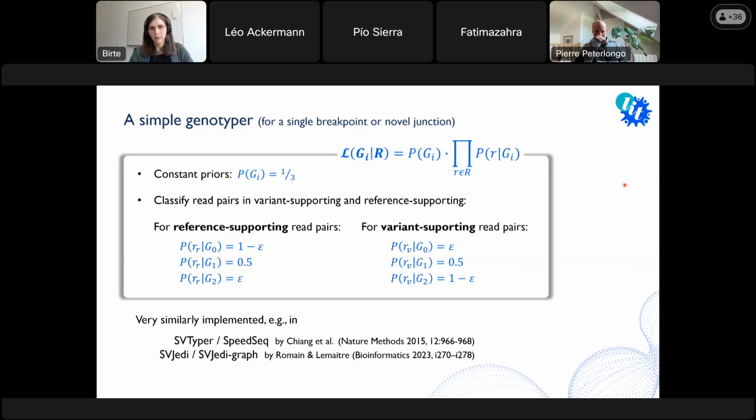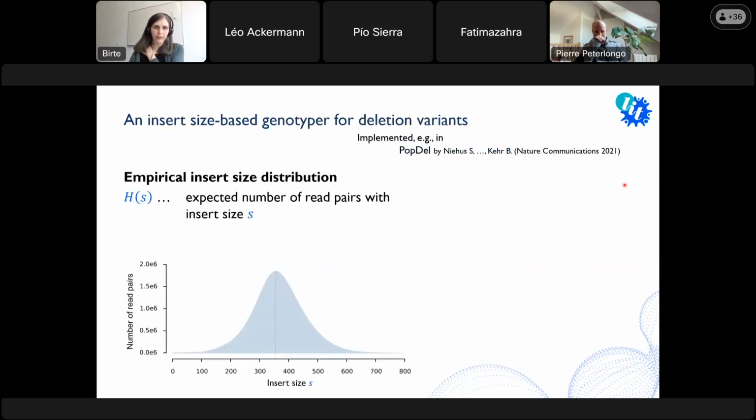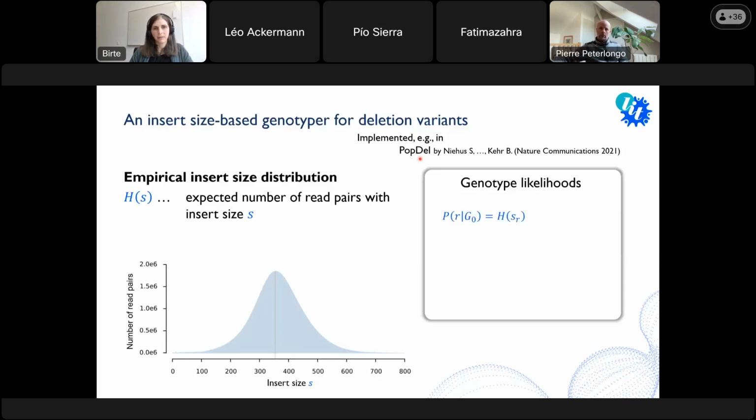If you want to go a little bit further than this, for deletion variants, for example, I'm showing you what we implemented in the tool POPDEL. We used here an empirical insert size distribution, and instead of using 1 and epsilon, or 1 minus epsilon and epsilon for the homozygous genotypes, we now use values from this empirical insert size distribution.